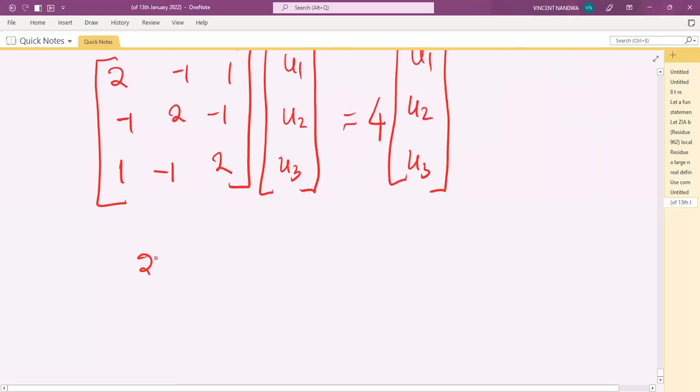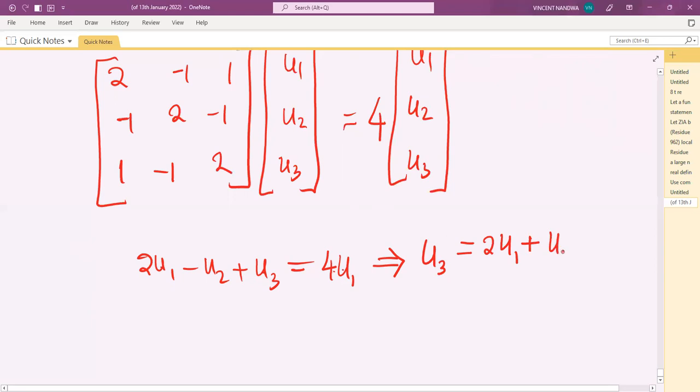Then 2U1 minus U2 plus U3 gives us 4U1, which implies, if I take this to the right, U3 equals 2U1 minus 2U2 plus U2. I call this equation 1.